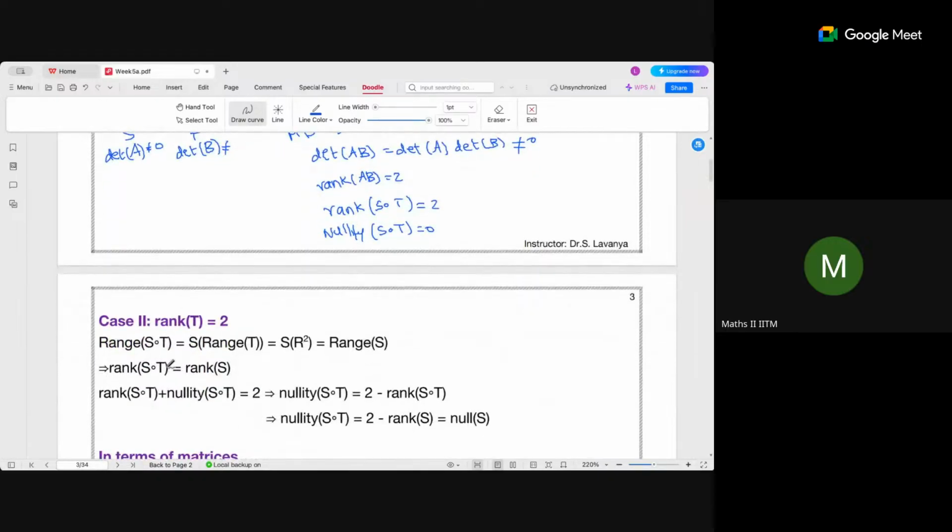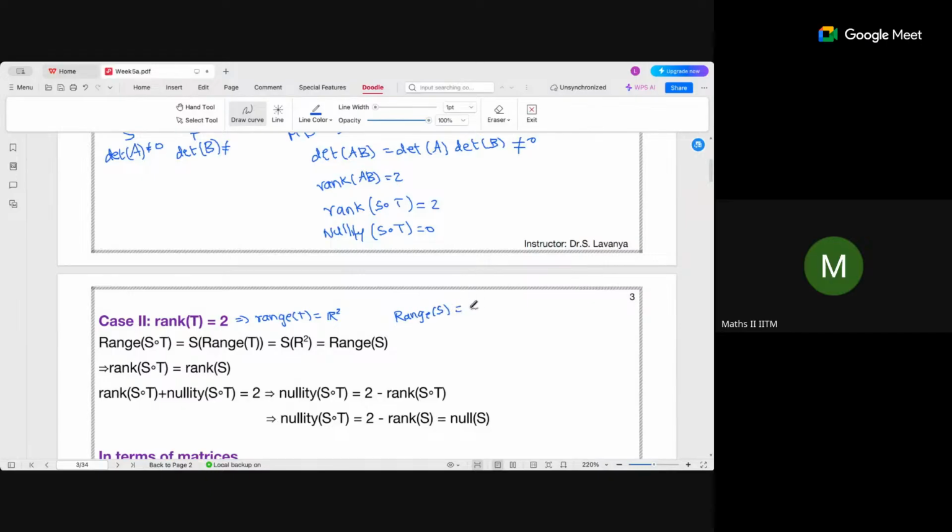So now rank of T is equal to 2. You don't know anything about S. Okay, so in this case, what is the range of T? R2, right? Now what is the range of S?